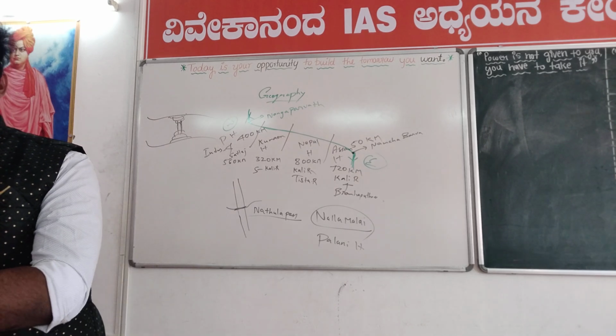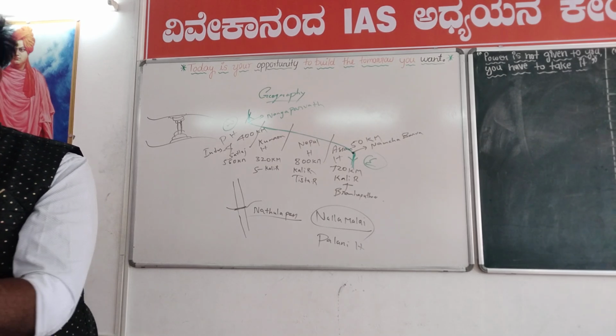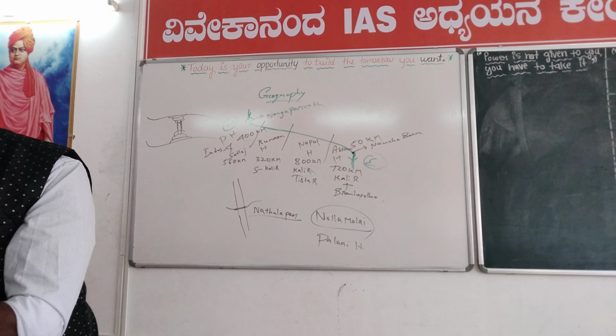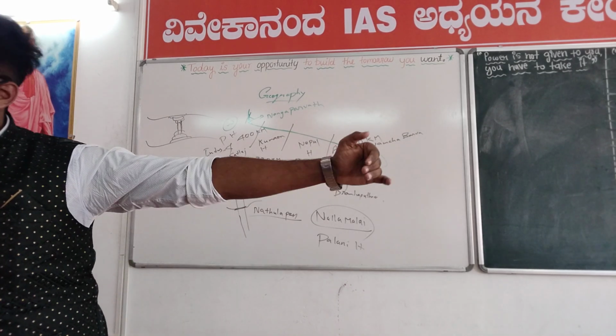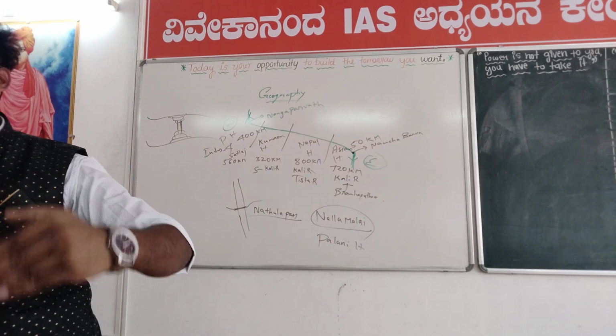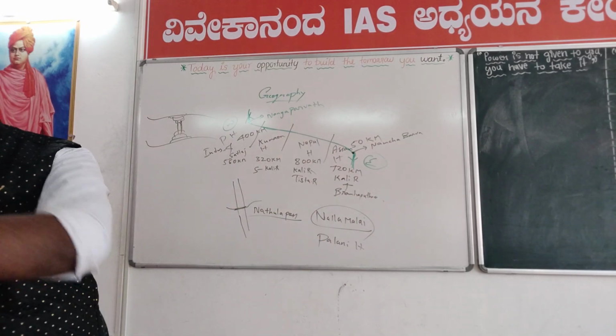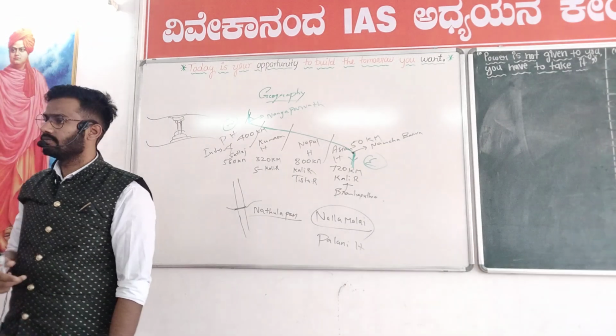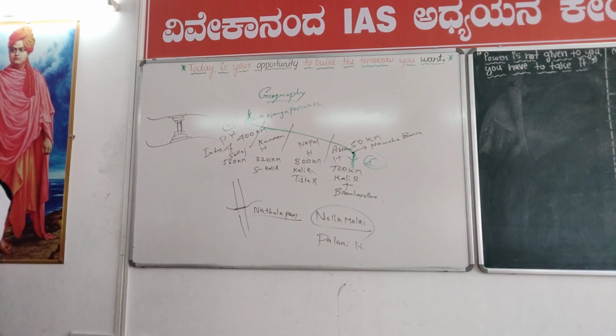Something depositing means that is an emerging coast. So where is it depositing? Eastern coast, because of Himalayan rivers. So the eastern coast of India is the emerging coast. Western coast of India is the submerging coast.